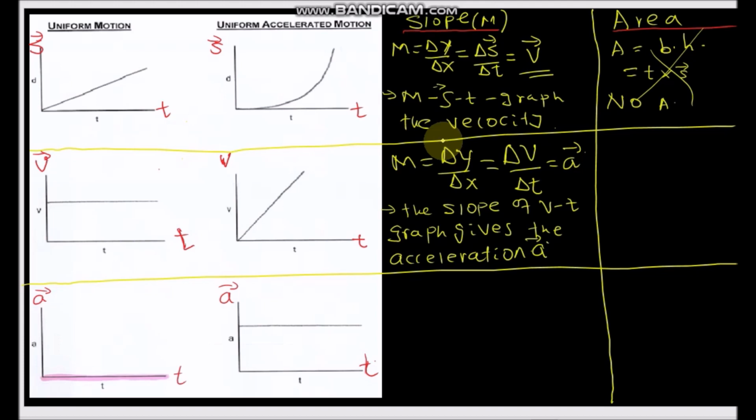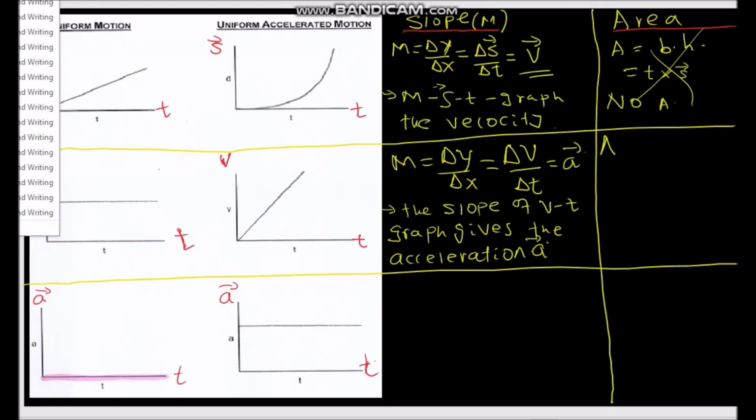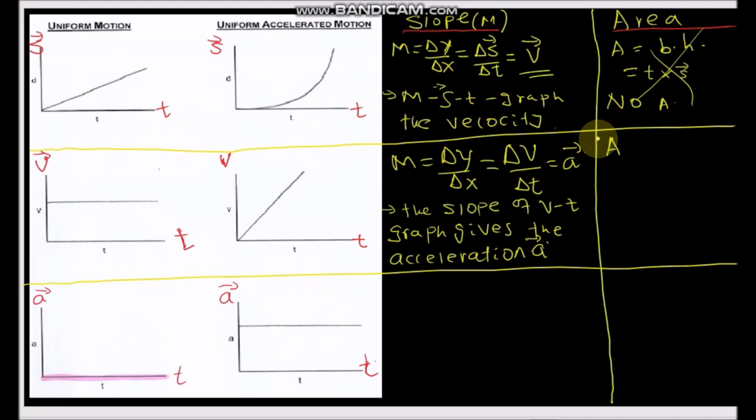Alright, what about the area? The area is given by base times height, where our base is time and the height is v, which gives time in seconds times velocity in meters per second.